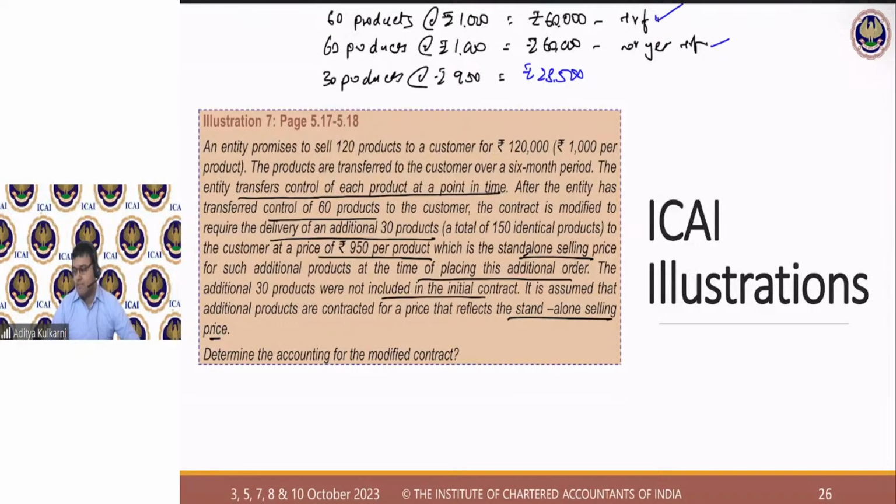Are we clear? Boys and girls, are we clear? Yes, Pooja, Tanisha, Ravish. Vanshika, all clear?